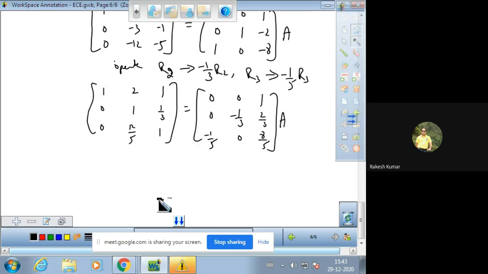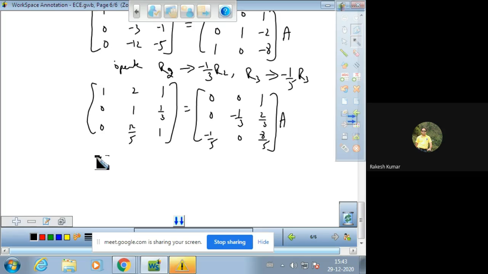So what we need to do, this is 1 1 1 here, and we want to make this as 0 now, and we require this element as 0 also. So for this we have to apply operations now, and first of all we shall make this as 0.